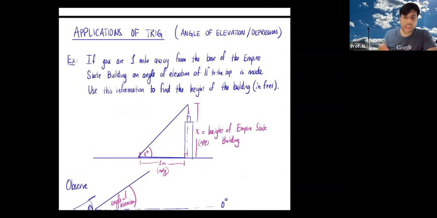It's not 100% accurate, but the idea is there. The idea is that you can find the height of an object or a structure without having to find the height directly. You can find it indirectly using trig if I know other pieces of information.